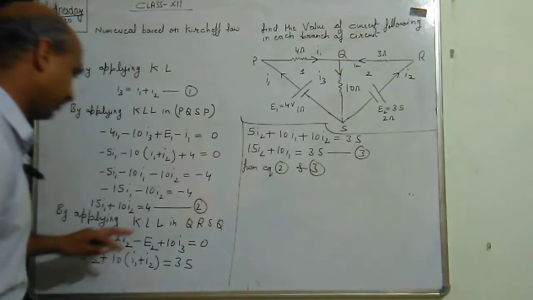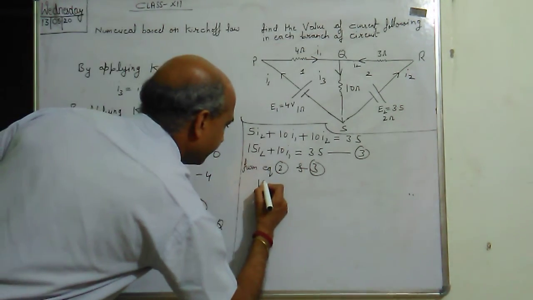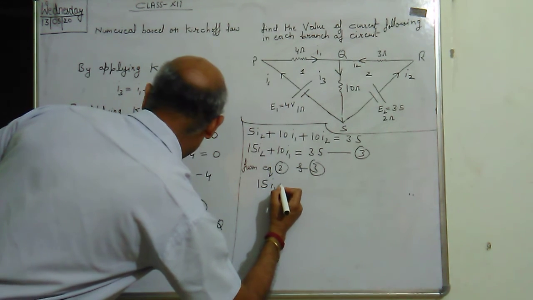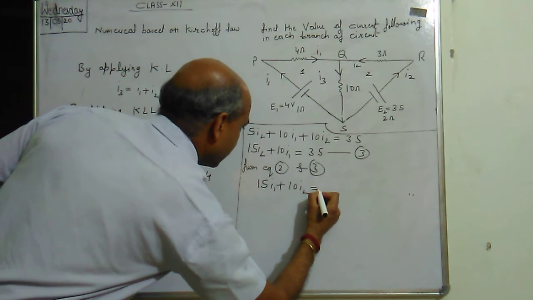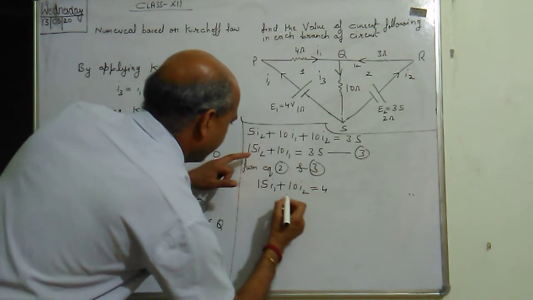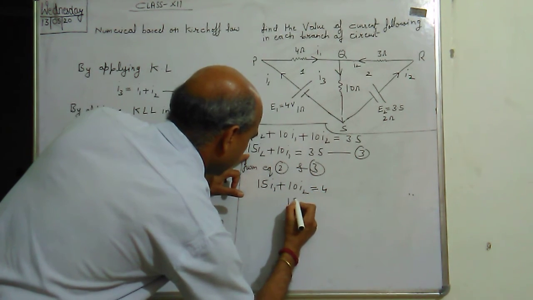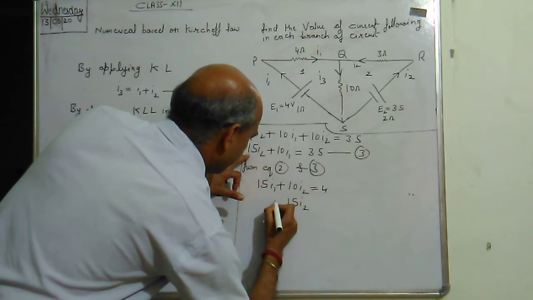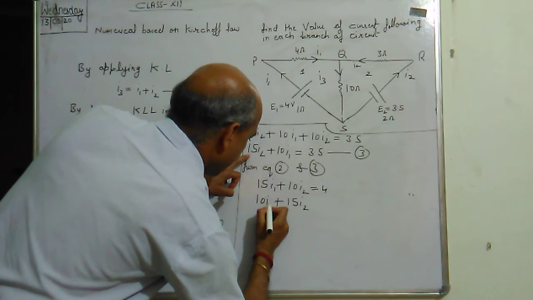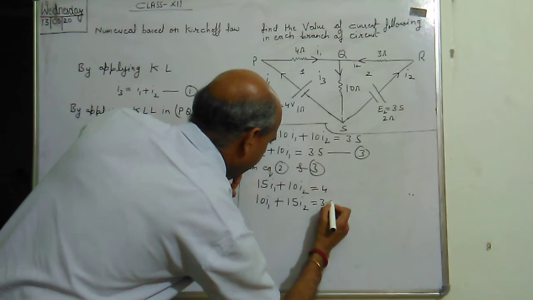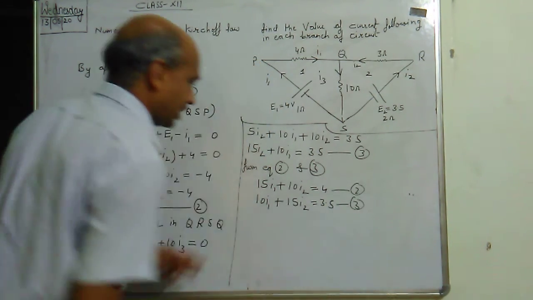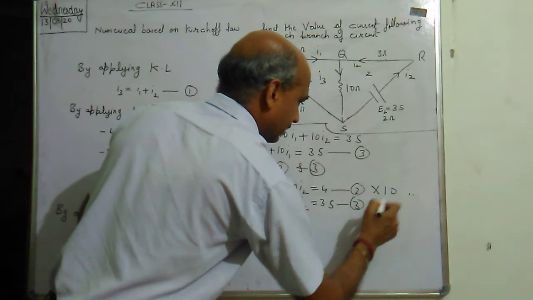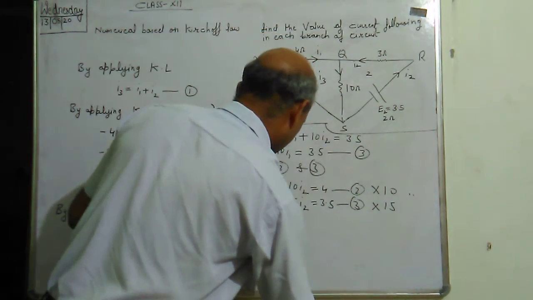My second equation is 15 I1 plus 10 I2 equals to 4, and the third is 15 I2 plus 10 I1 equals to 3.5. This is your second equation and this is your third equation. What to do? Multiply this by 10, and multiply this by 15.